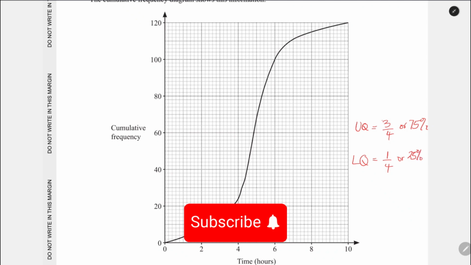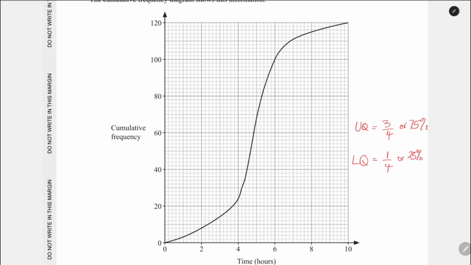All right, so let's start with our upper quartile being 75%. So upper quartile will be 75% of 120. And that's going to give us what? 75% of 120 is 90.